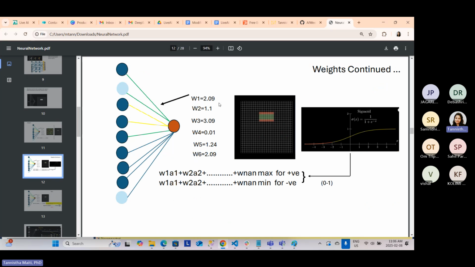Okay. Now there is a problem with this kind of linear equation. What is the challenge? Because my weights are initially randomized, I can have some very high weights and very low weights, right? And then when they are multiplied with A1, the input layer, you might have a very high value for some areas and a very low value for some other areas.